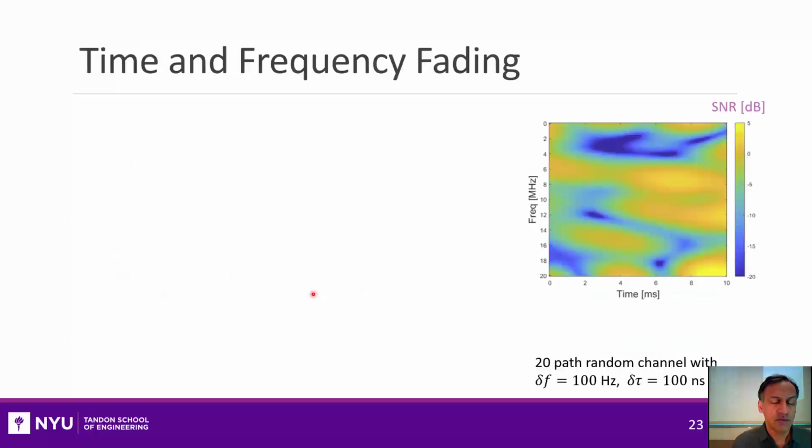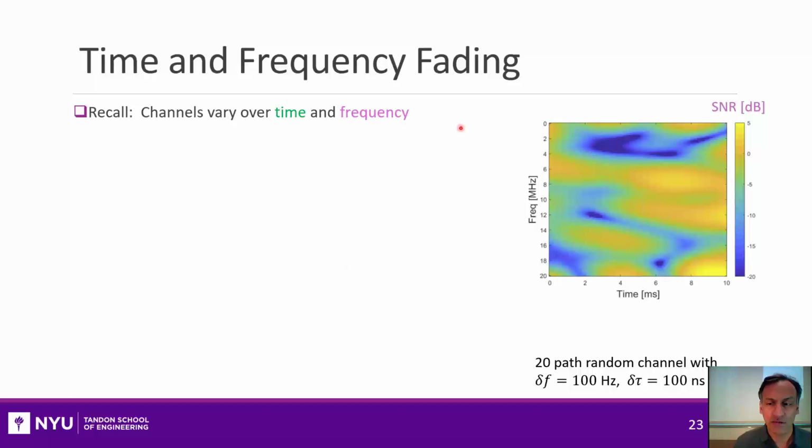All right, before we analyze how channel coding works over a fading channel, we need to review some concepts of fading. So recall that channels vary over time and frequency. Remember that they are characterized by a time-varying frequency response.